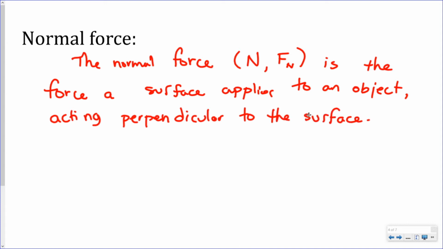All right, what does that mean? That means if something is on a surface, then the normal force is pointed perpendicular to the surface. So let's just talk about this for a second.